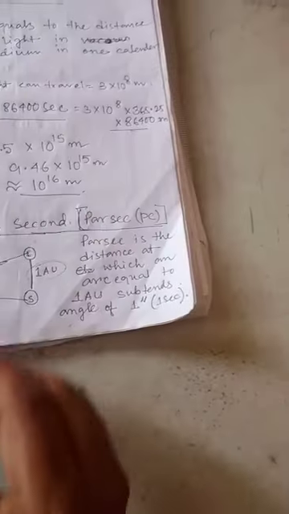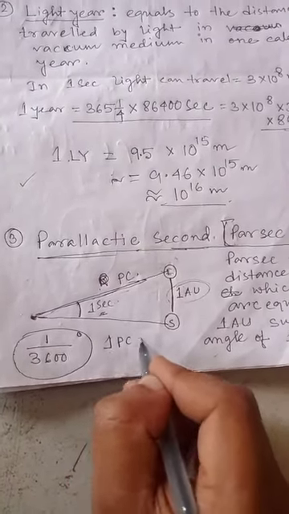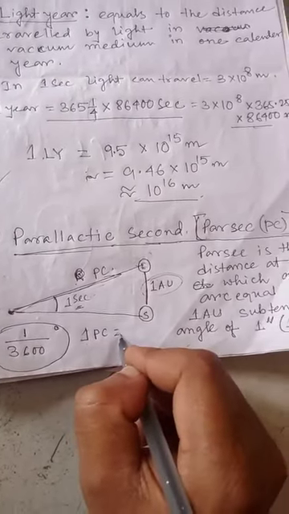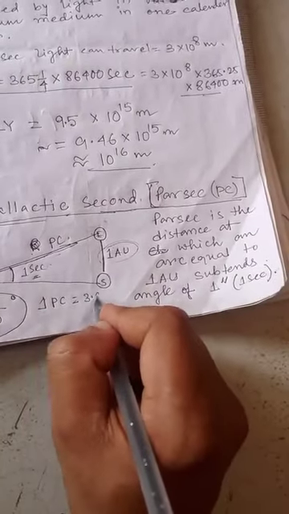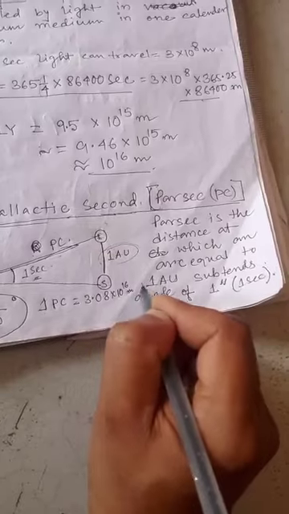So if we calculate this, we get that 1 parsec is equal to 3.08 into 10 to the power 16 meter.